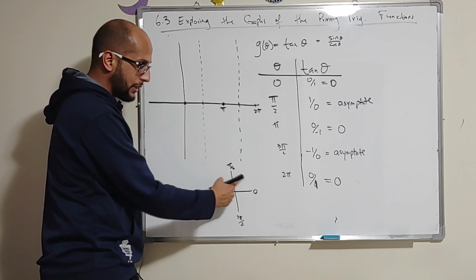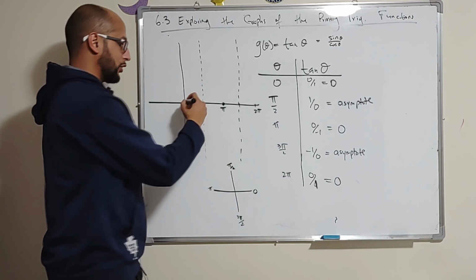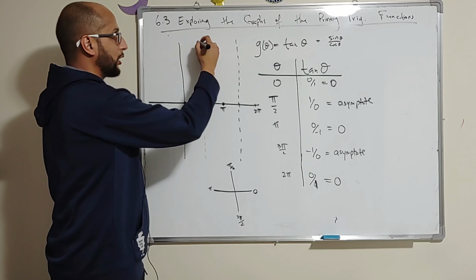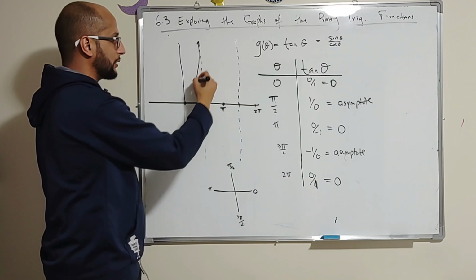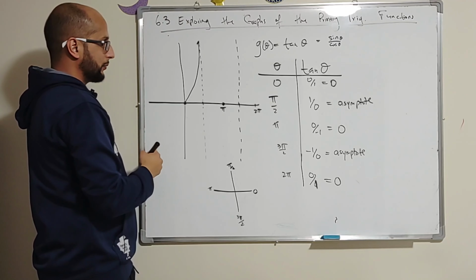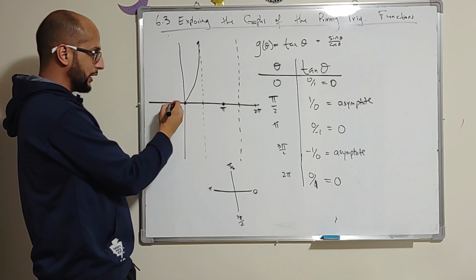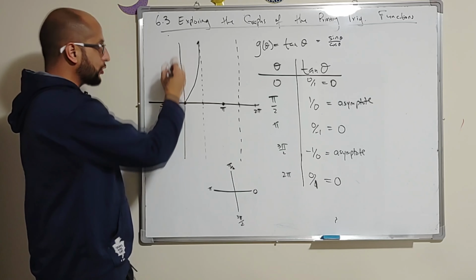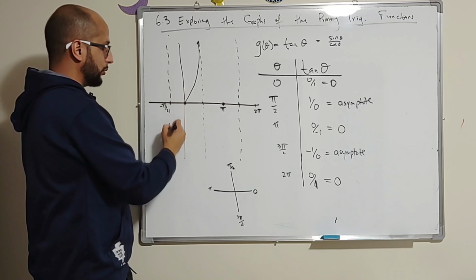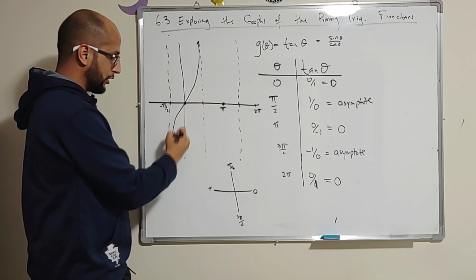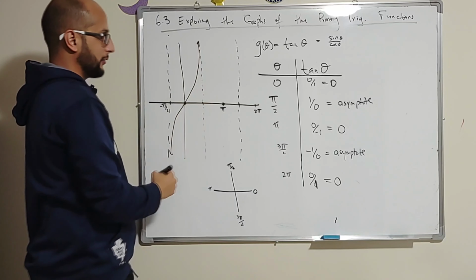Tan is positive in quadrant 1, right? So this function would have to come closer to the asymptote, be positive, and go that way. I'm actually going to go back 1 to negative pi over 2, because I know that is also going to be an asymptote. So this is what the function looks like.